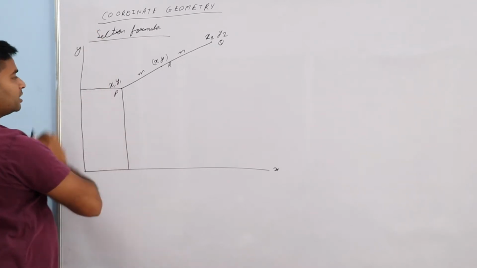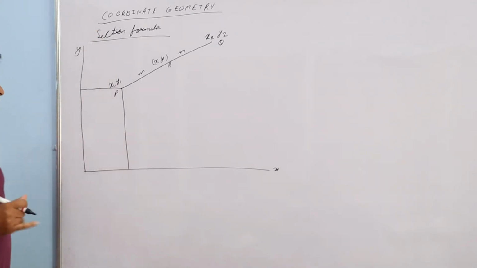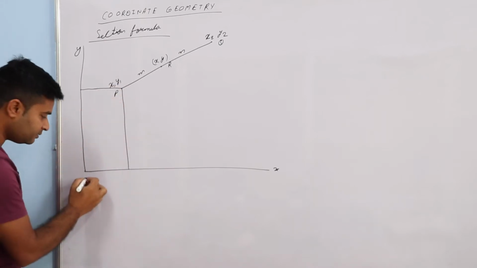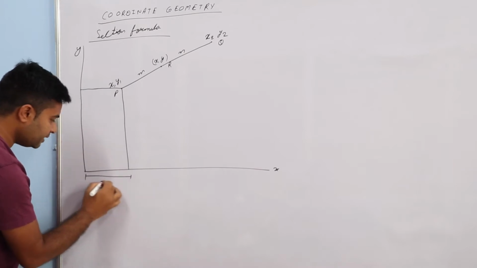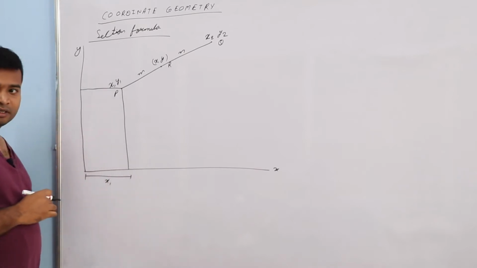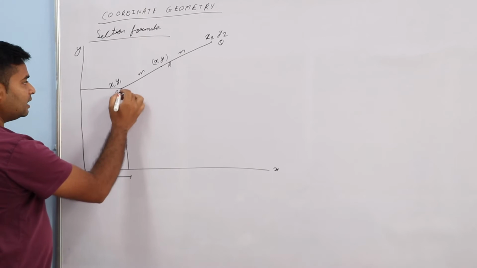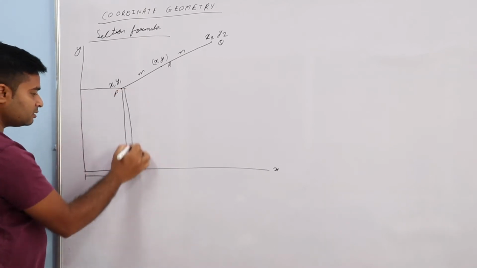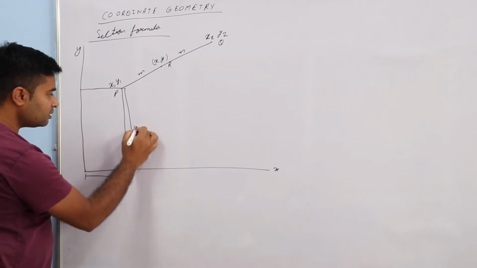If this point is x1, y1, from here to here the distance will be x1 and this distance will be y1.